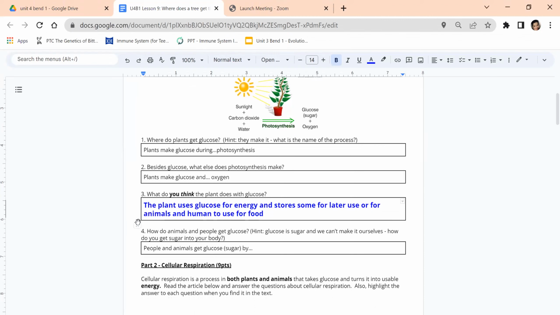Okay, so animals and people get glucose by eating plants.